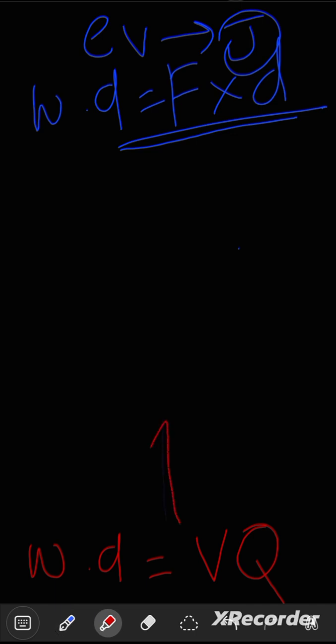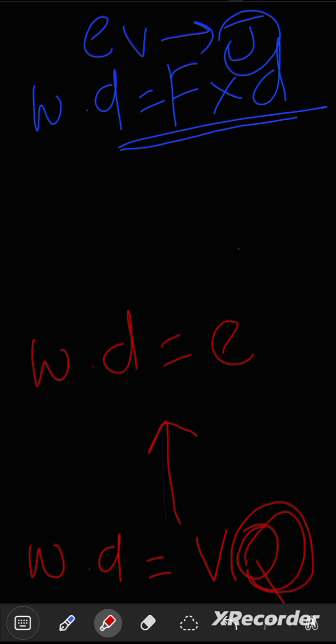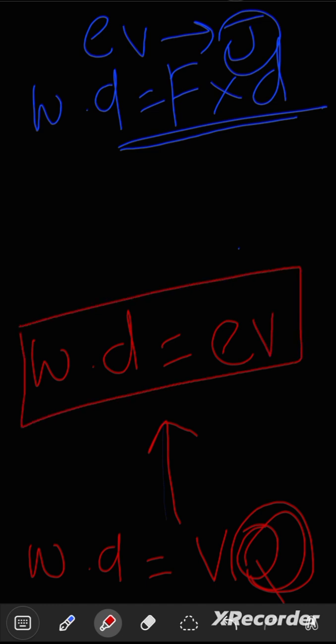So we can see over here that if we in fact substitute this Q for an electron, we will get eV, which is exactly the equation, or in other words, even the definition of what an electron volt is, right? See, you can see it comes exactly as eV.